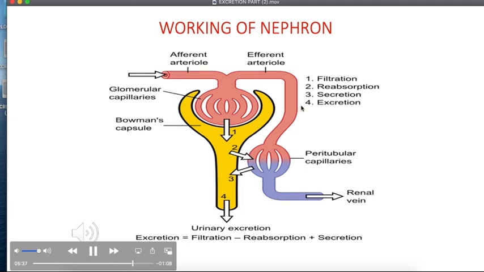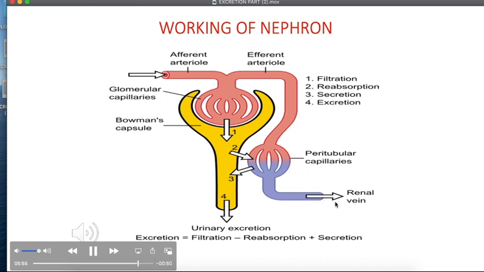The second step is reabsorption. In the reabsorption process, useful molecules like water and glucose are reabsorbed back into the blood and then released into the circulation through the renal vein.